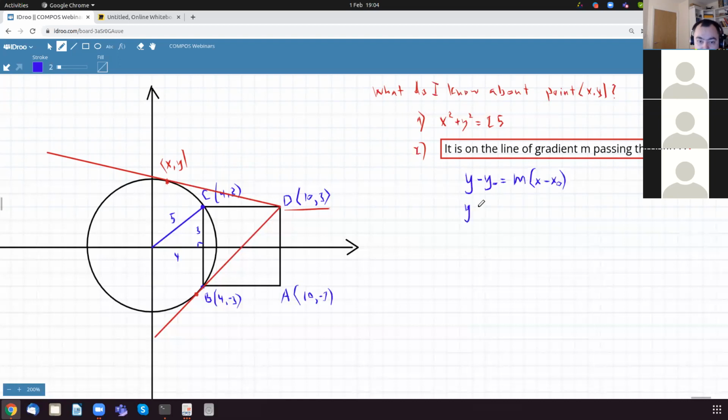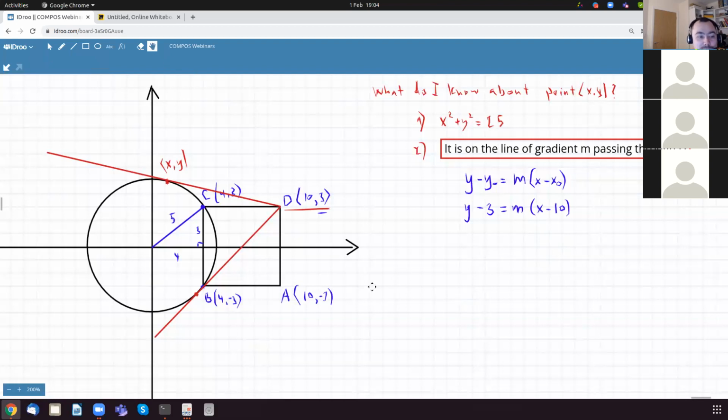So y minus 3, which is the y coordinate of point D, is equal to m times x minus 10, of course.